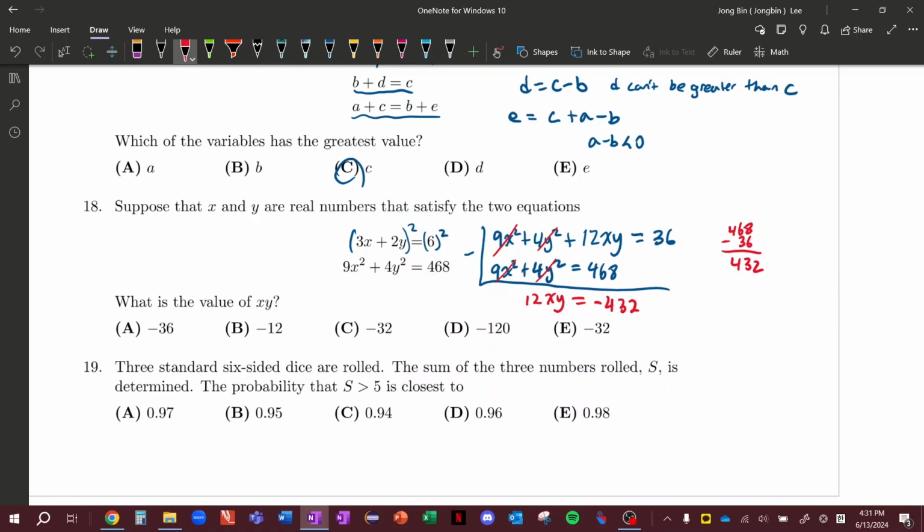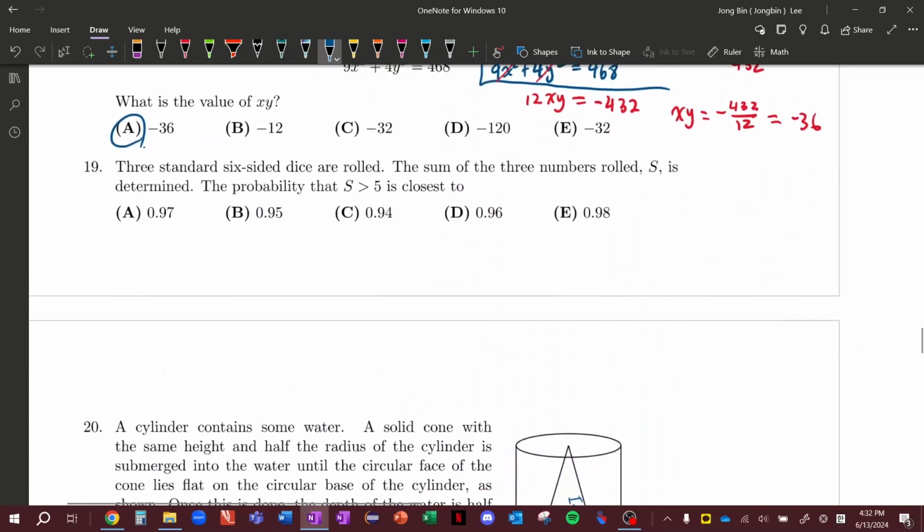And if we just divide both sides by 12, we could get the value of xy, and xy would be negative 432 divided by 12, which gives us some value that we need to plug into our calculator, and that would give us negative 36. And that would be our final answer to this question. Pretty simple, right? If we know that we need to square both sides, it is not that hard.